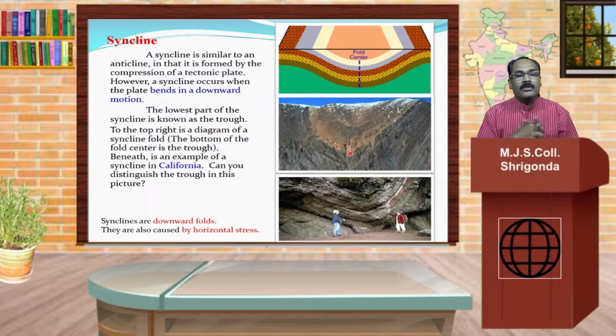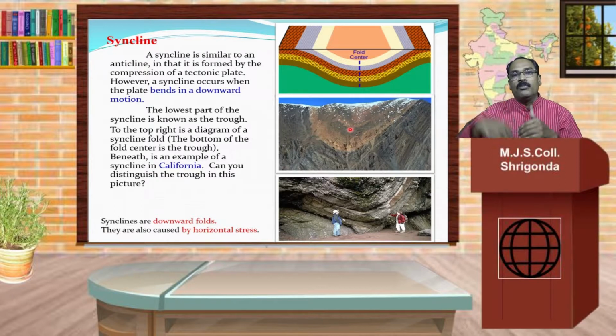The top right is the diagram of a syncline fold. The bottom of the fold, the center, is the throw. Beneath is an example of a syncline in California. Can you distinguish the throw in these features?